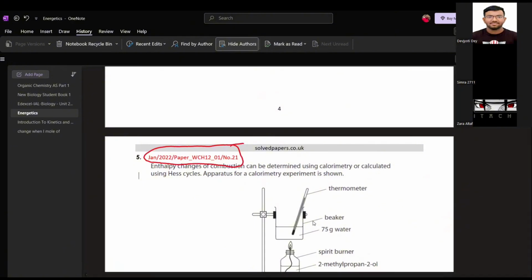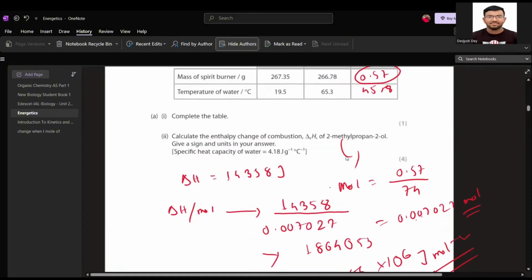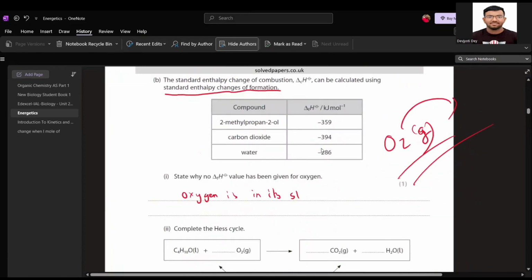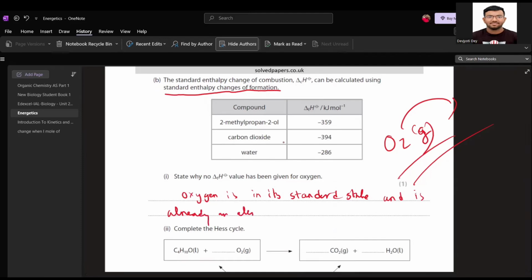So do check them out, and it will be much easier for you to ensure whether your answers were correct or not. If not, you will rectify them, and even after rectification, if you don't understand, then I'm there. So oxygen is in its standard state.